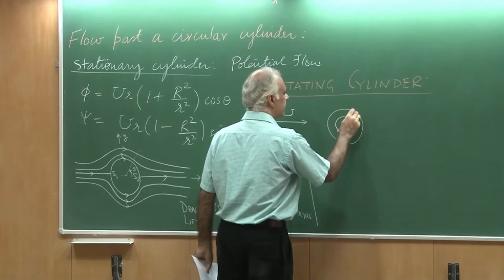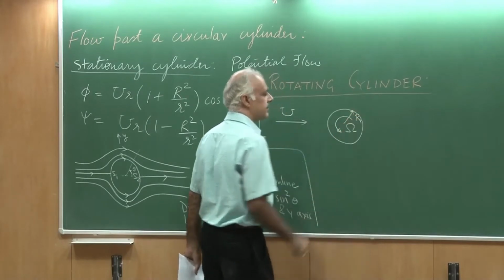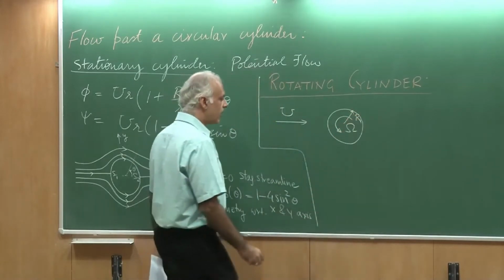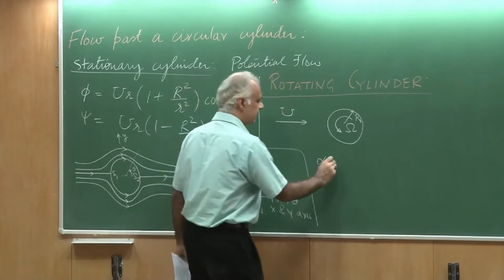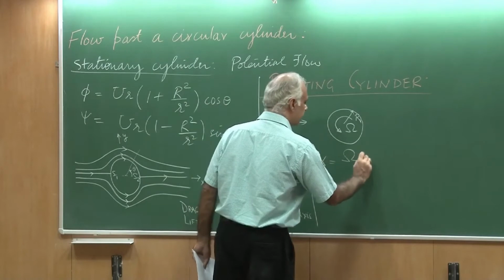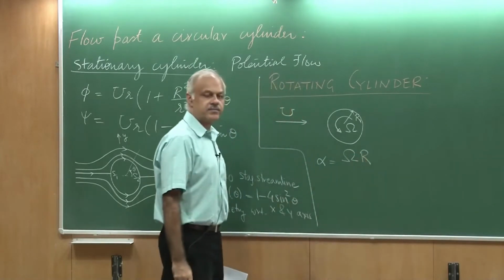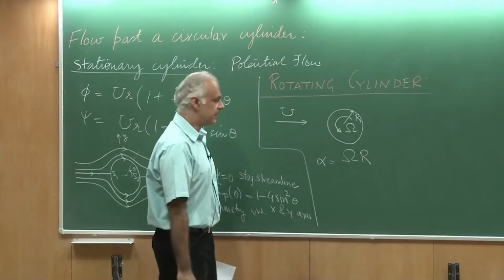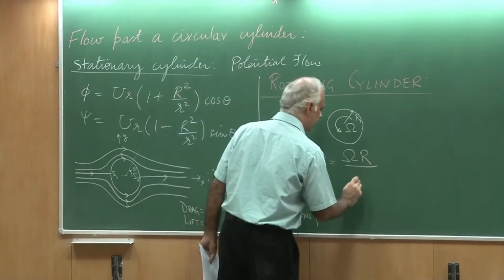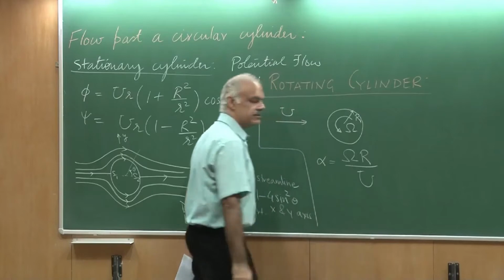R is the radius of the cylinder, and I can talk about a non-dimensional parameter alpha, which is given as omega times r over u. So this omega times r gives me the tip speed of the cylinder, and it is non-dimensionalized with u.